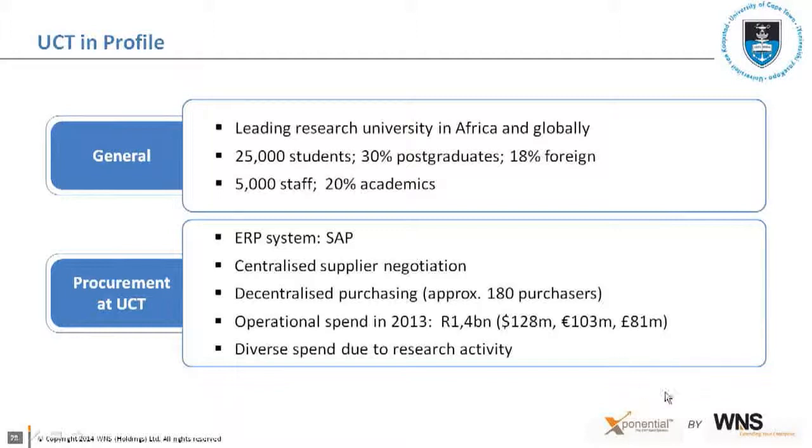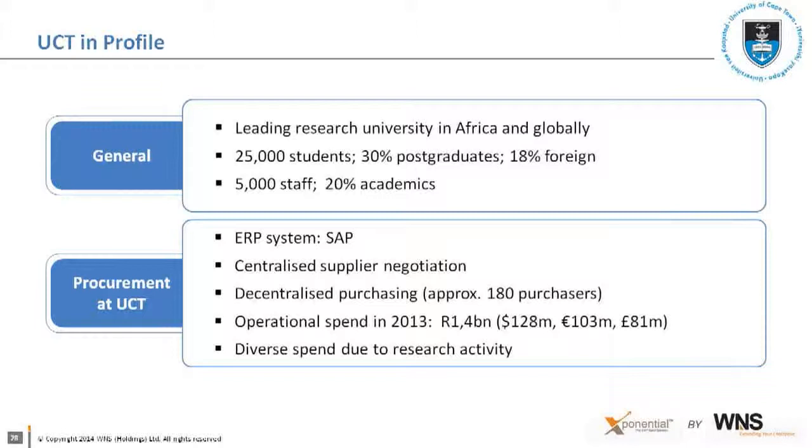Our ERP system is SAP. We have centralized supplier negotiation, but decentralized purchasing. So we have purchases scattered around our campus, which is in different parts of the city, and that seems to work for us. But there's always room for improvement in these things. Our operational spend in 2013 was about 1.4 billion rand.